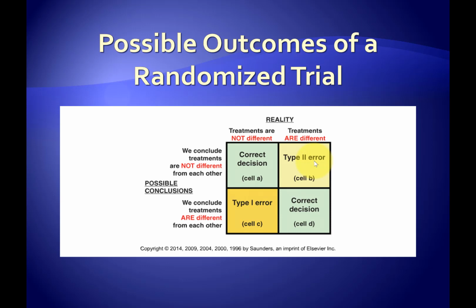Another scenario, as you can see on your second row from the left, is that we end up finding significant differences between the two groups, but in reality there's no difference. That means we're committing a type 1 error or alpha error. This is a false positive result, and it's also known as the level of significance.